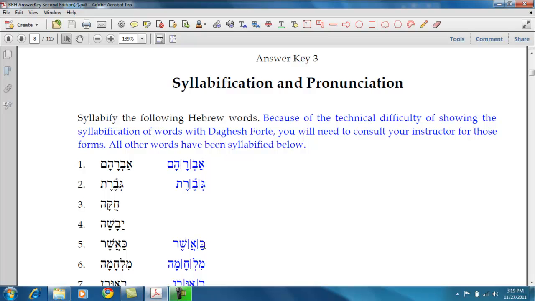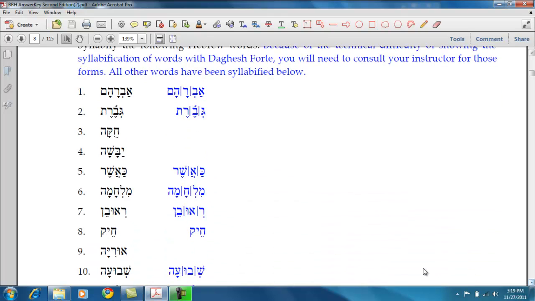So you got ka, a, aleph with the hatef patach, and then sher, the shin segol, and the resh. Ka'asher. Can you say it? Ka'asher.